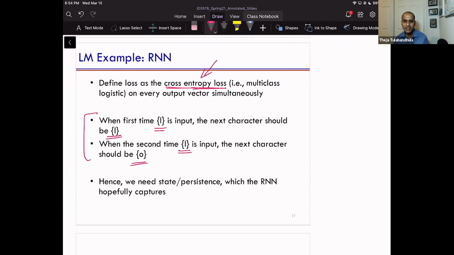The parameters in this RNN have to be tuned in such a way that when it sees the second L as the input, it's getting a previous hidden vector, the three-dimensional vector from the previous step. That previous hidden vector and this new input L, together with W and B, should help me get an O as the output. That's what we want, by choosing appropriate W and B.